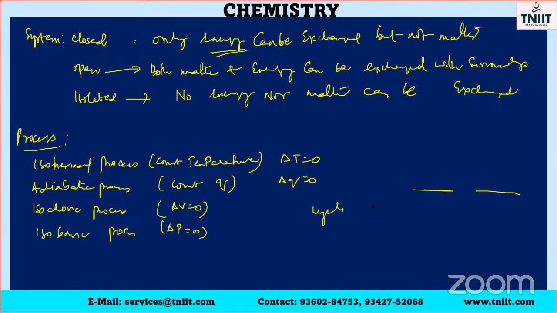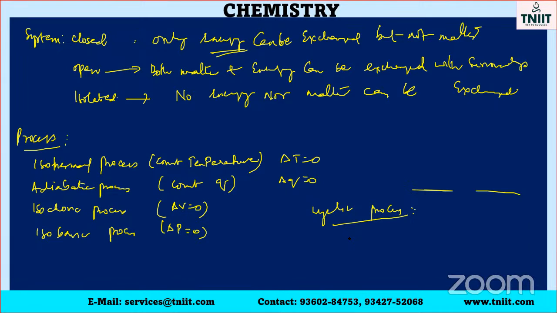A cyclic process undergoes a number of steps and finally comes back to its original state. Such processes are called cyclic processes. A process will take place in many steps, and finally the system returns to its original state.